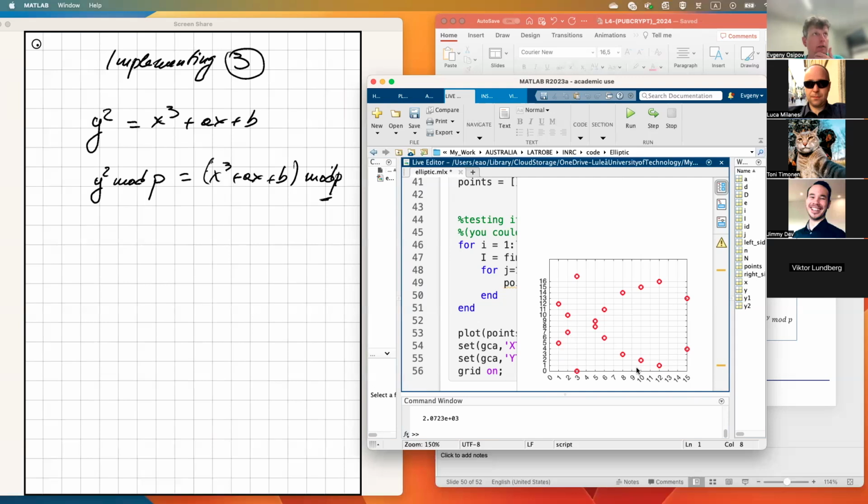So let me just maybe somehow reproduce this thing here. So now we have only positive values. And again, I will just sketch. So I will not do it exactly.